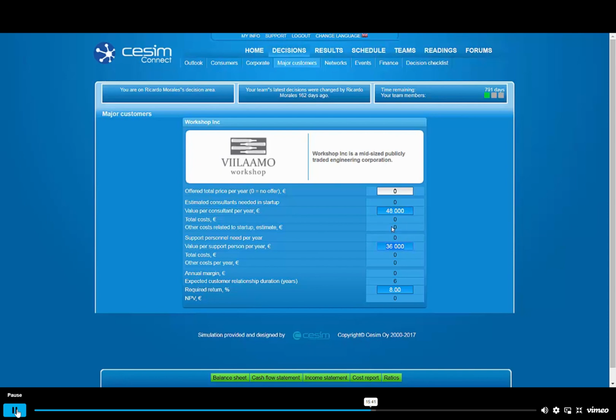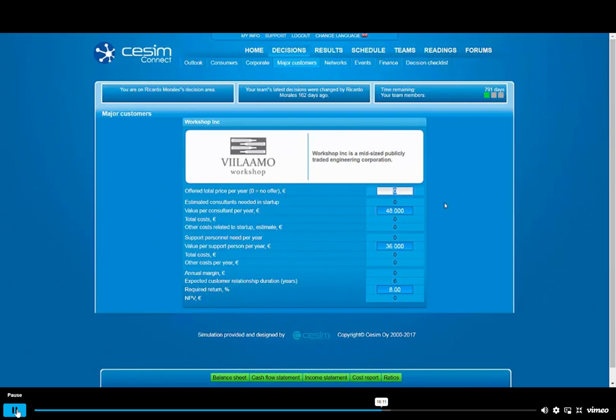So when this becomes available in the system, then the customer specifications always state what is the number of consultants that are needed in the startup and what is the number of support personnel needed for the ongoing project. And then it shows you the costs, and then you can decide what is the required return, and at the end you will see the net present value of this project after you have decided the price.